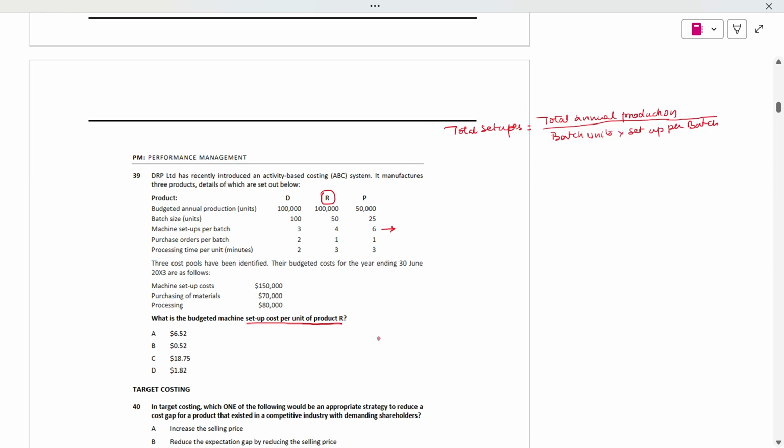How much is there? If you take D, we have to calculate total: 100 divided by 100 times 3.